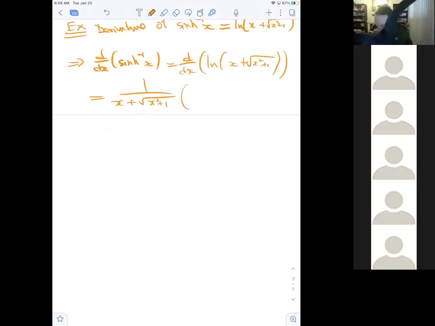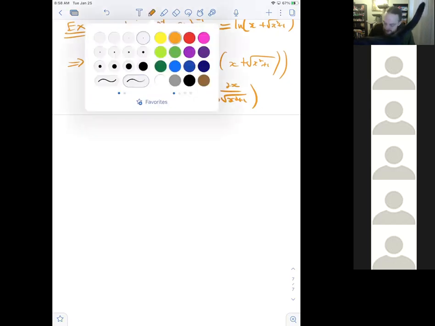I have to take the derivative of this thing. So that's going to be equal to 1 plus 1 over 2 the square root of x squared plus 1 times 2x, by the chain rule, and then that will cancel.